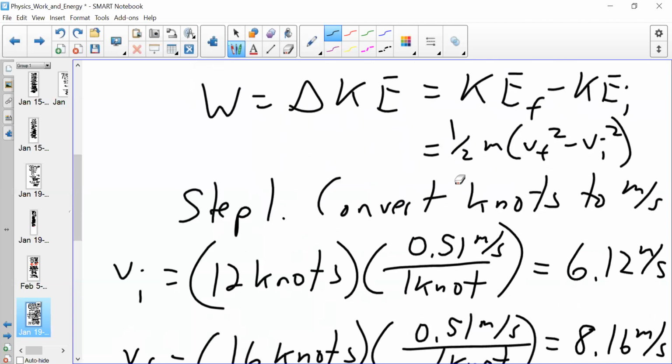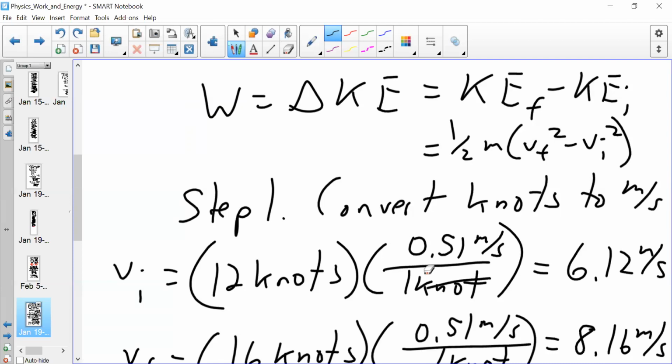So step 1, convert knots to meters per second. Now, of course, you're not going to do that for every problem. Every problem has its own dynamic, so just pay attention to what's going on. In this one, we're converting knots to meters per second. Initial velocity, 12 knots. Well, we want meters per second, so we do 0.51 meters per second over 1 knot.